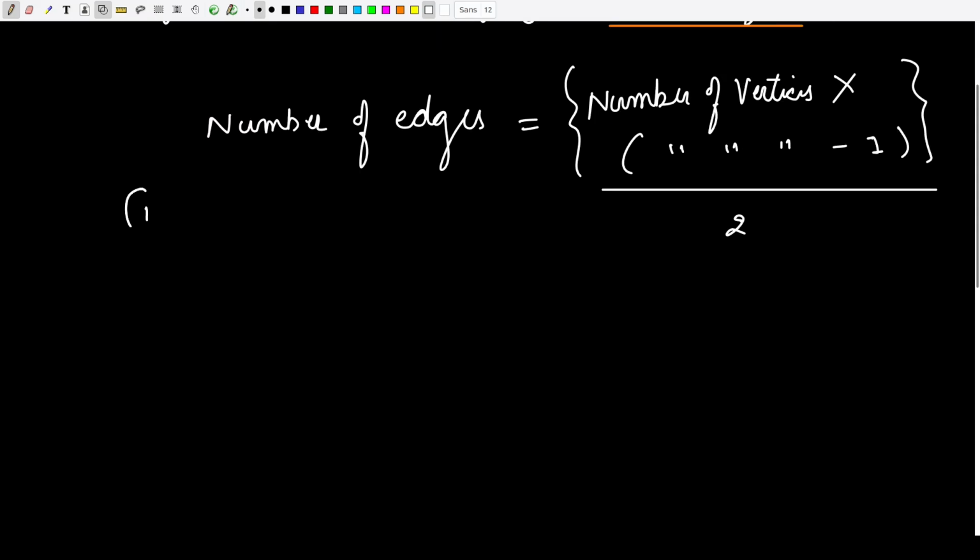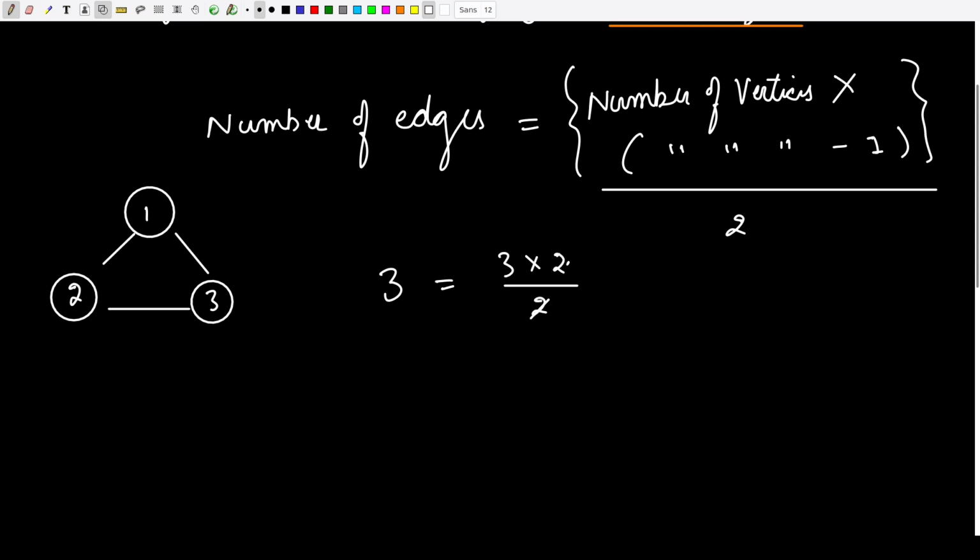So let us say there is a graph with 3 vertices, and if this is fully connected, then the number of edges will be 3. Over here 3 is the number of edges, and the number of vertices gives 3 into 2 by 2, which equals 3.